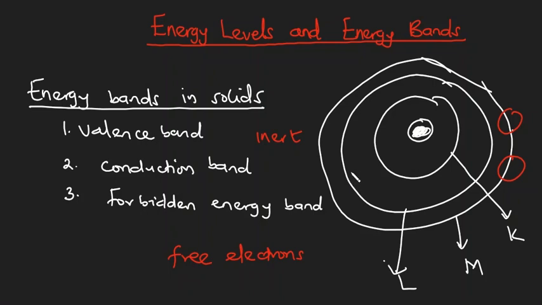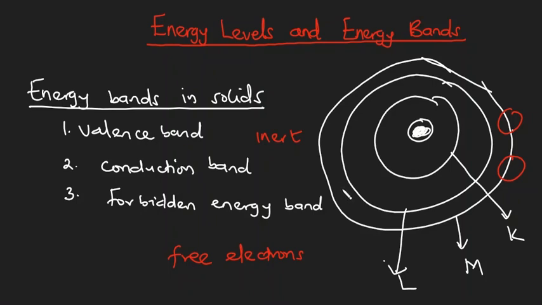So we can say that for the valence band, when you're considering conduction there, conduction can take place at the valence band using conductors, and also non-metals, that are the insulators or non-conductors.